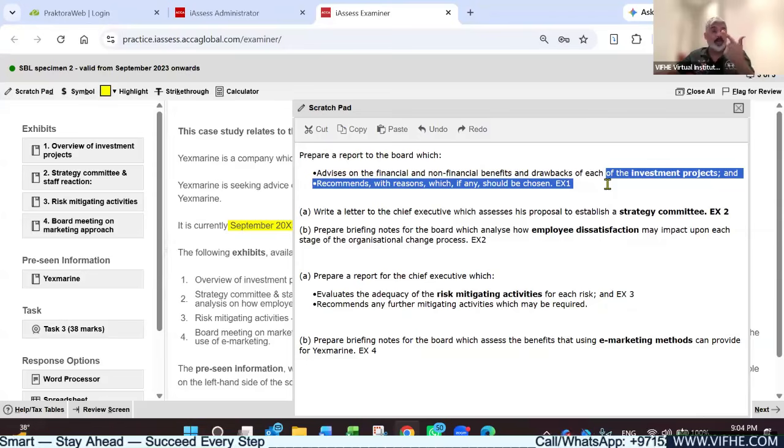Some students are good in financial analysis. You can start with that if it is there. If you think financial analysis is your weak area, don't start with that. It all depends on your confidence and how many topics you have practiced.